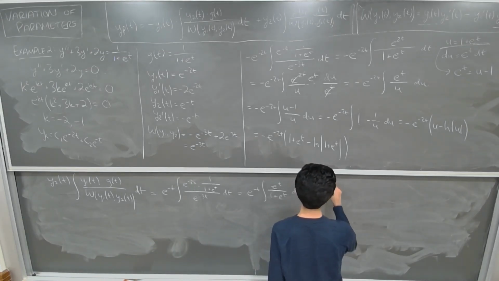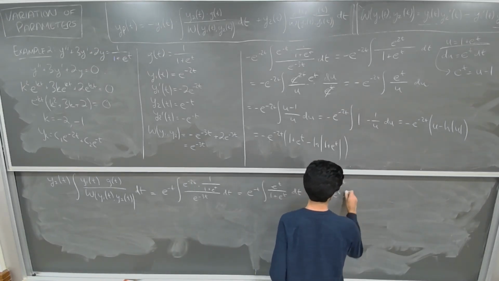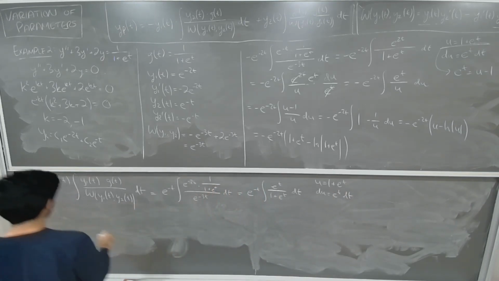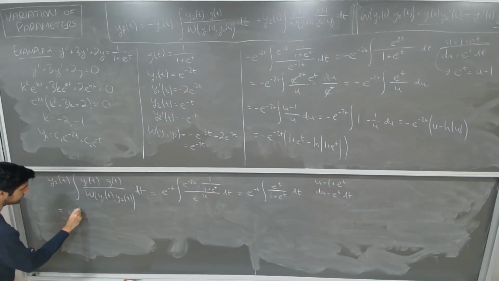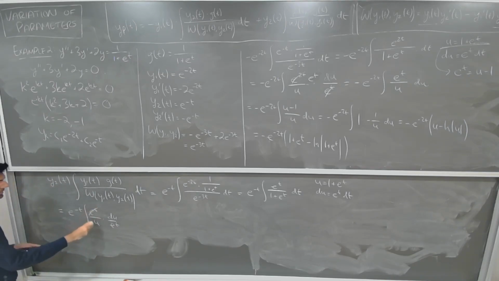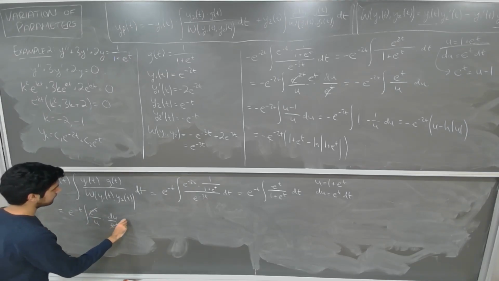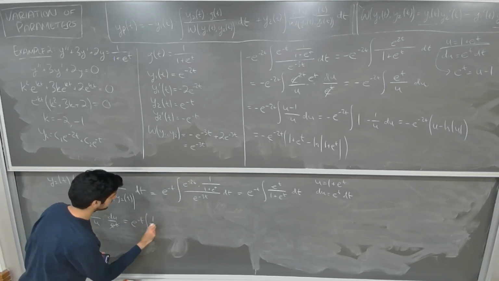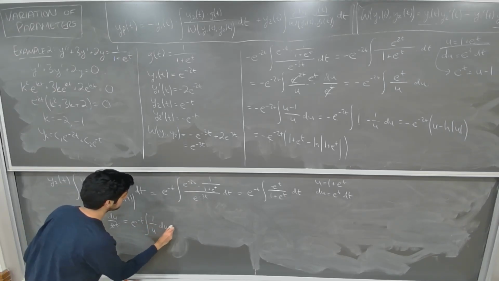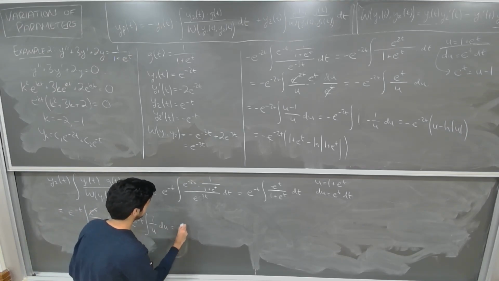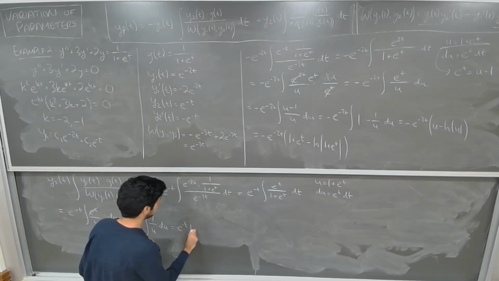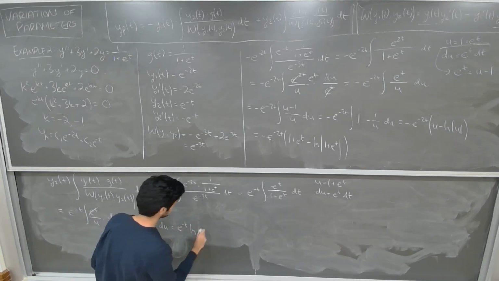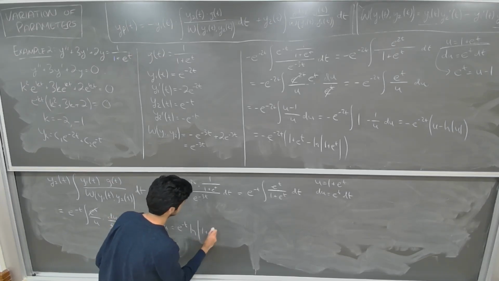And we can try it. Something like that. Do some substitution. Indeed, the e to the t's cancel. So it's just e to the negative t integral of 1 over u du, which is just e to the negative t ln of u, which is 1 plus e to the t.